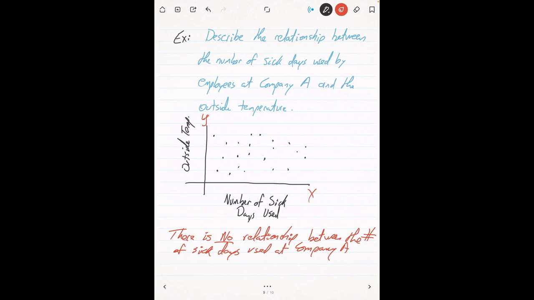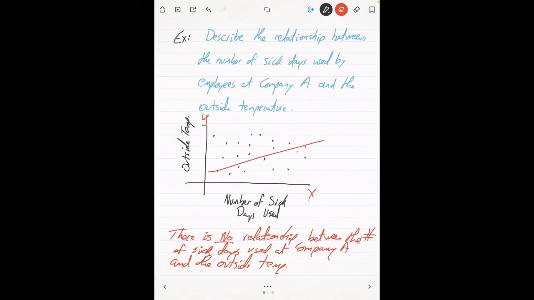There's no relationship between the number of sick days used at company A and the outside temperature. There is no relationship here because we can't really fit any of our models to this.